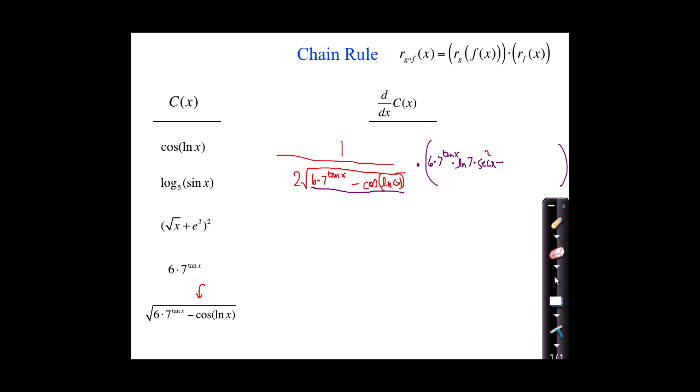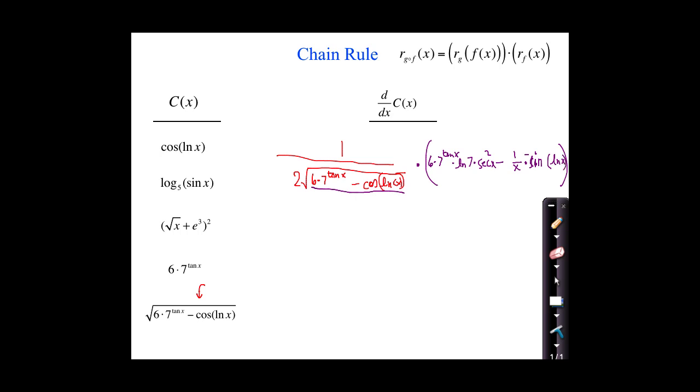So this is all things multiplied together, minus the derivative of cosine of natural log of x, which we said was 1 over x from the natural log part, and the derivative of cosine is, oops, negative sine of same thing it started as, natural log of x.